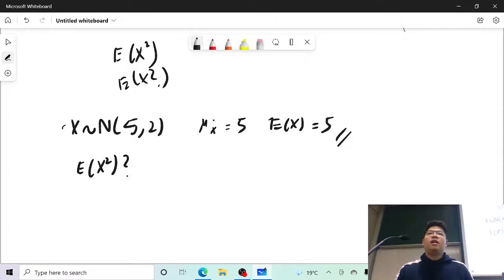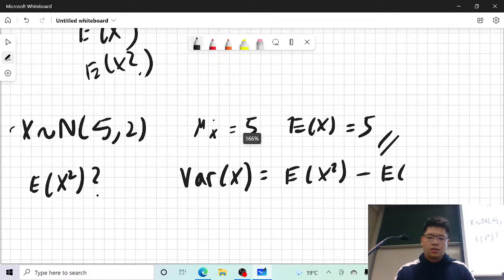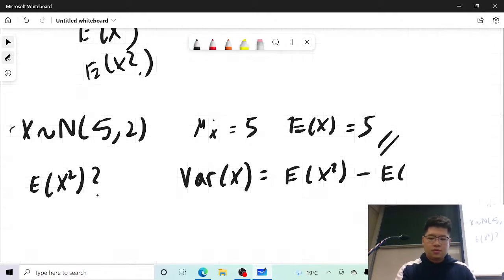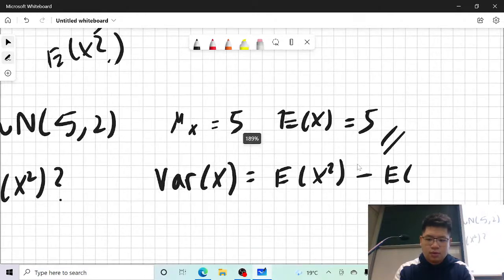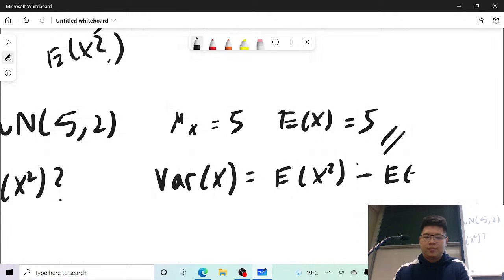This is where you're not really taught how to solve for this, which is why they gave you the hint. If you recall, the variance of x equals E[x squared] minus (E[x]) squared.